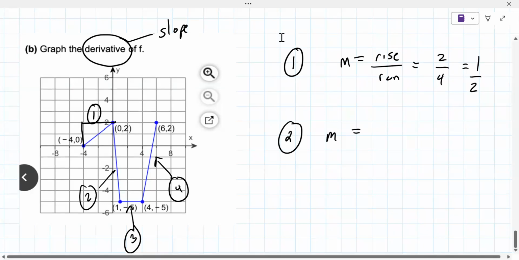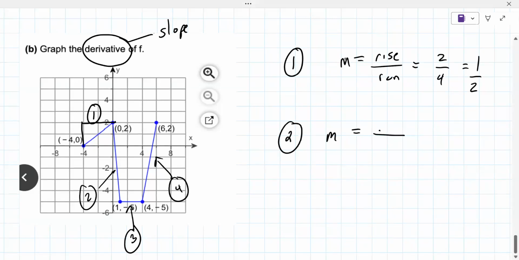On the Y axis it's scaled normally, but on the X it's not scaled the same. So how much down is it going? Down 7, so that's negative, and then right 1.